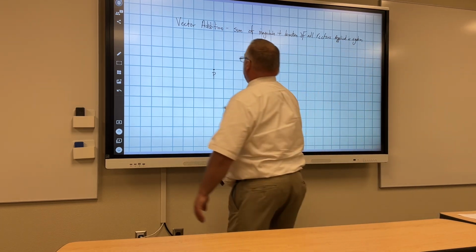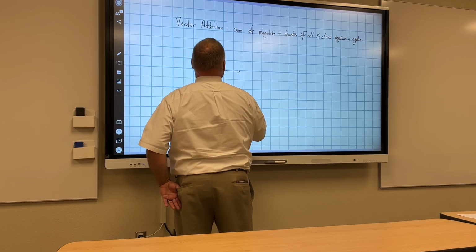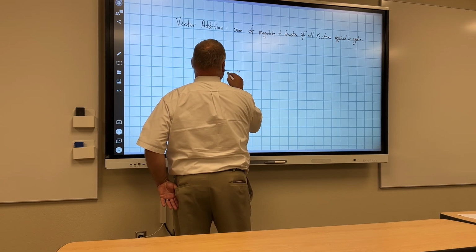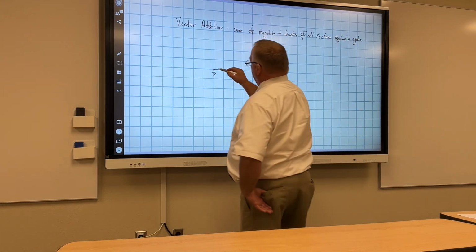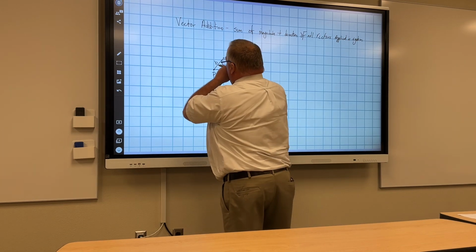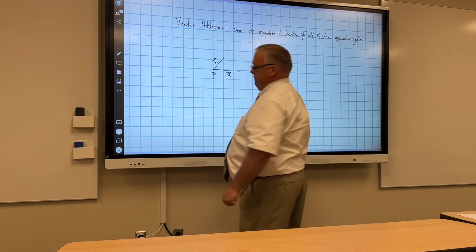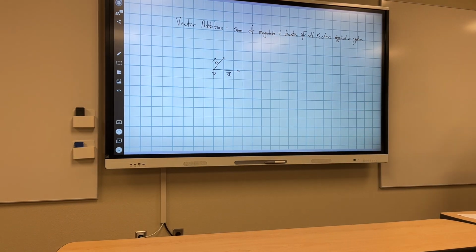If I apply a force at point P in this direction, which we will call A, and I apply a force, B, excuse me, in that direction, what happens to point P?